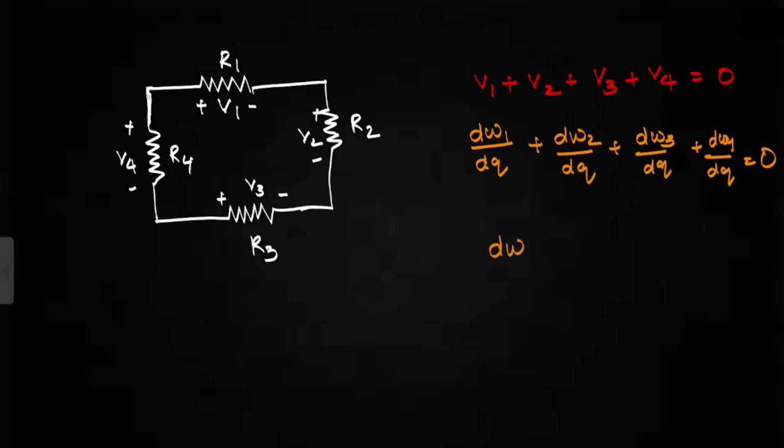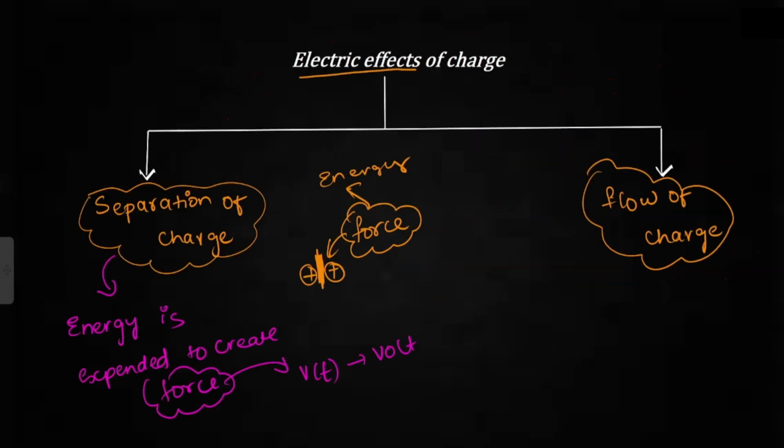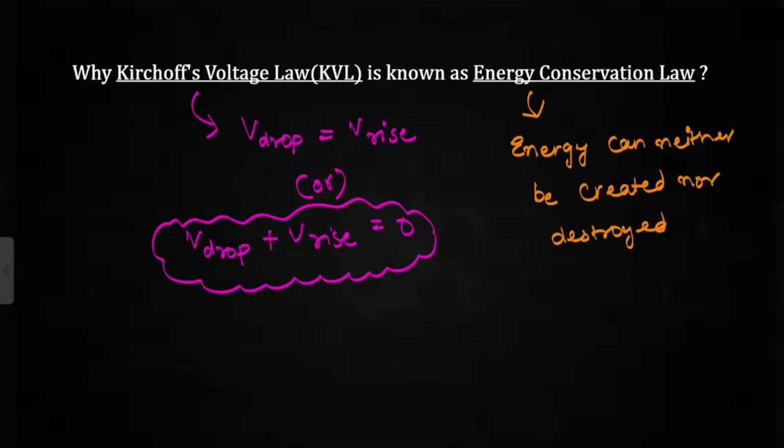Now this will be dW1 plus dW2 plus dW3 plus dW4 is equal to 0. So this is my energy conservation formula. That is why we say KVL is the same as the energy conservation law, or you can say that KVL is also known as the energy conservation law.